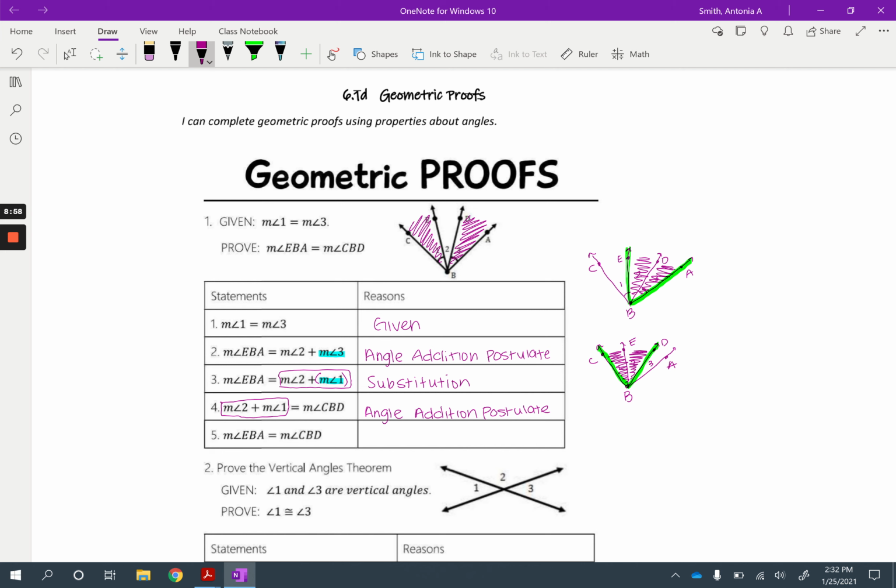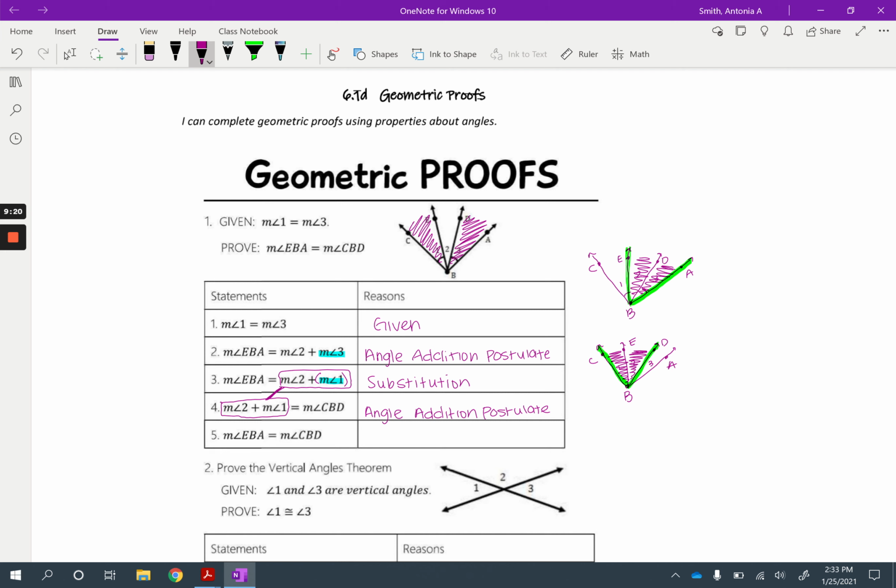Okay. These two things are equal to each other, right? They're the exact same statement. The measure of angle 2 plus the measure of angle 1. Okay. If I have two things that are different but equal the same thing, that means that those two things to begin with have to be equal to each other.